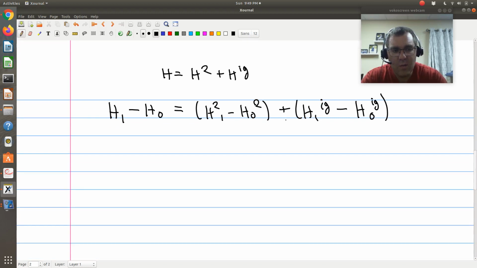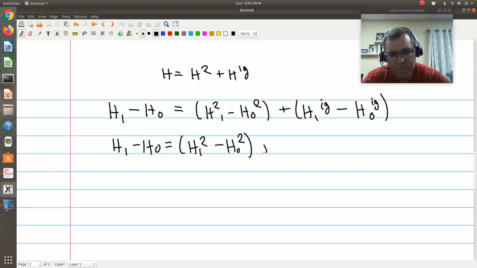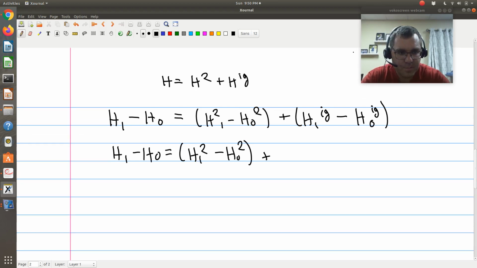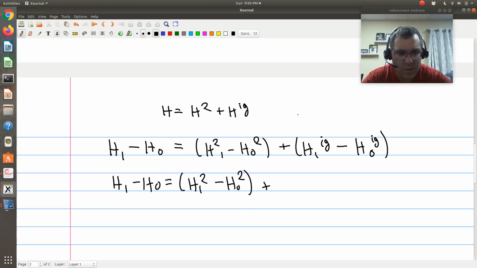Now I have H1 minus H naught equal to H1 residual minus H naught residual. This is going to be at some T1 and P1, and this would be at some T naught and P naught.